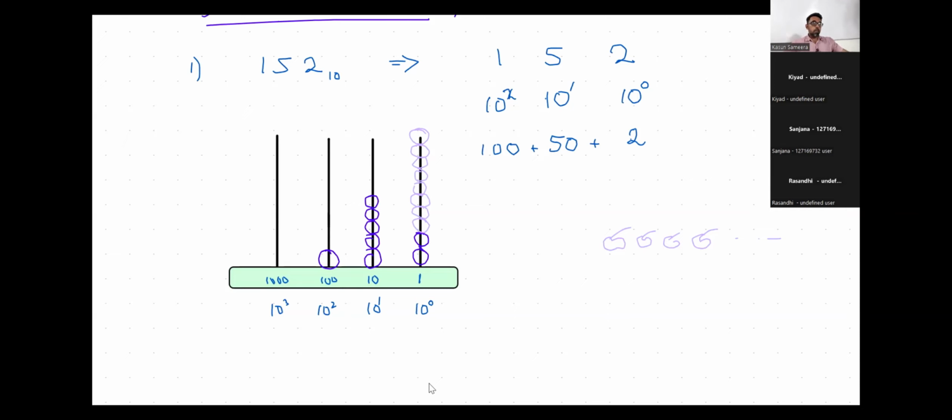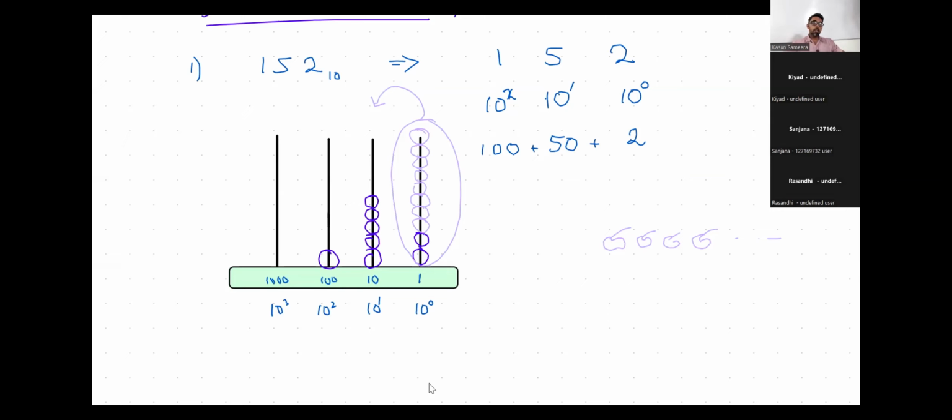Now we can't keep them. What I'm going to do is take all 10 units and take them to the next position. We are going to do the same thing in other number systems, because the maximum number of units we can put is 9.